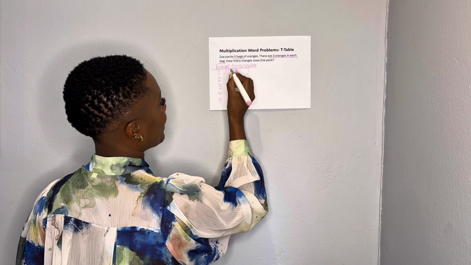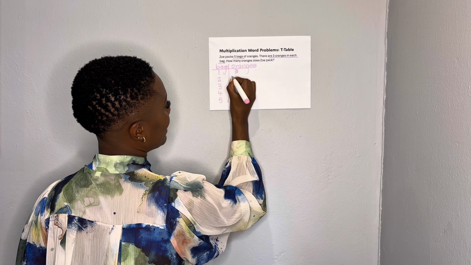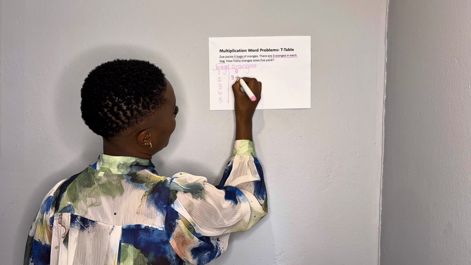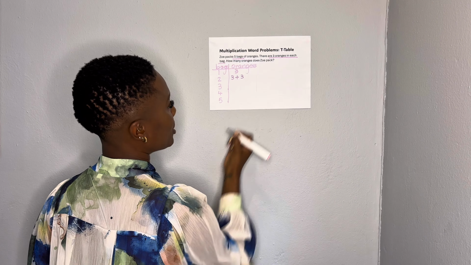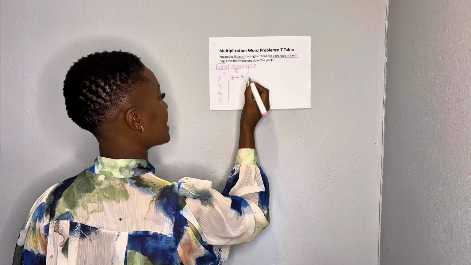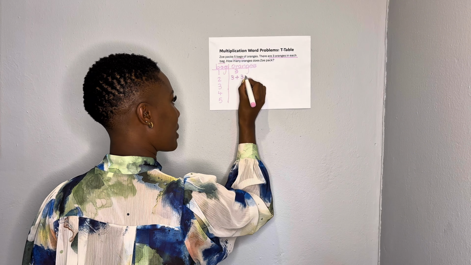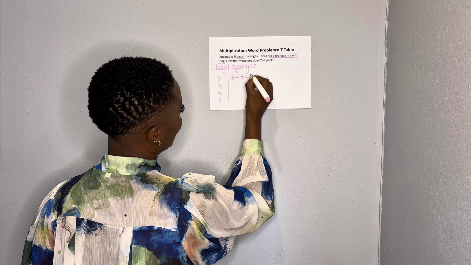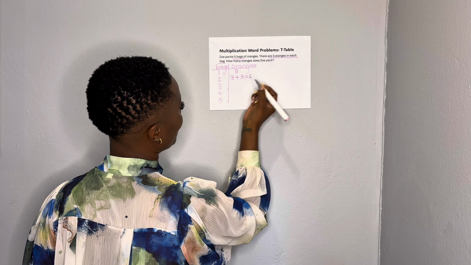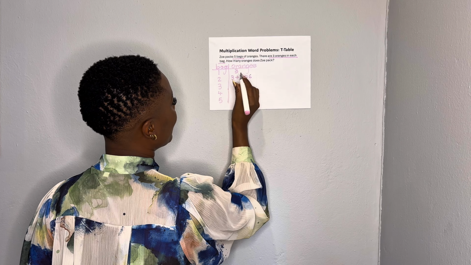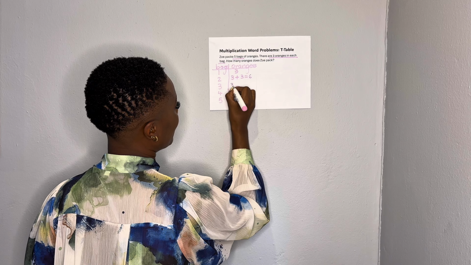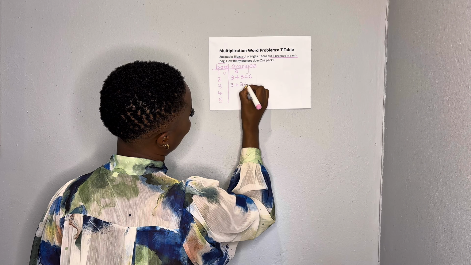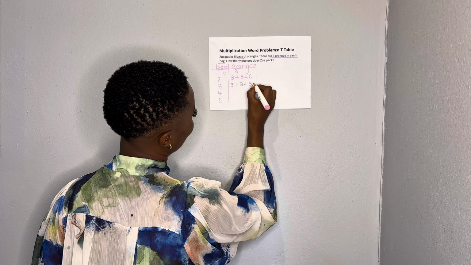Now, in 2 bags, they are going to be 3 plus 3 oranges, right? Equals 6. Now in this bag, there will be 3 plus 3 plus 3.